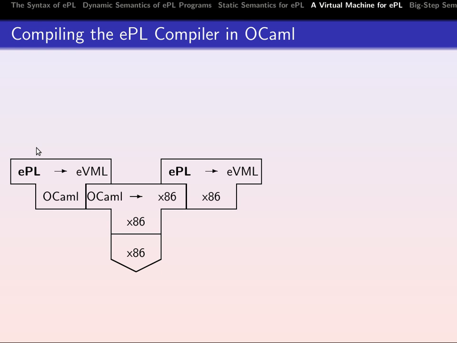Because we don't have an entity that executes OCaml code directly. OCaml code has to be compiled and then executed, meaning that if I have to compile it, I have to get here. Is that clear? But because I have an executable, what's missing here on the right side is an execution.